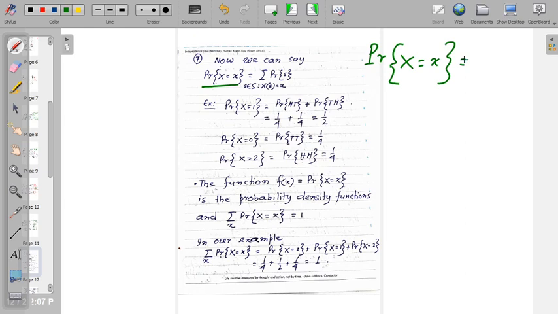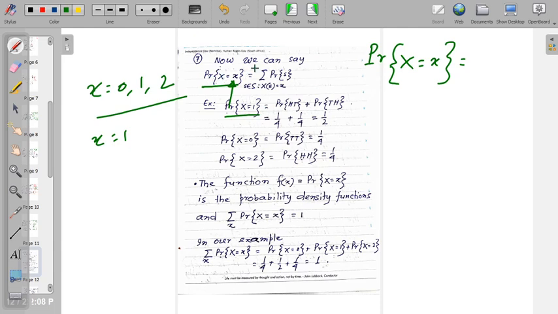So that will be comprising of what? X equal to x comprises all the elementary events which satisfy the X equal to x case. Okay. So this small x could be 0, could be 1, could be 2 for our example. If x equal to 1, we have seen that it comprises HT and TH. Okay.